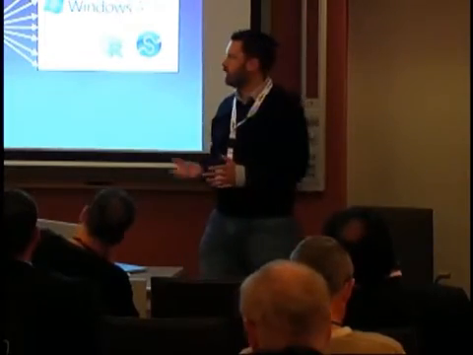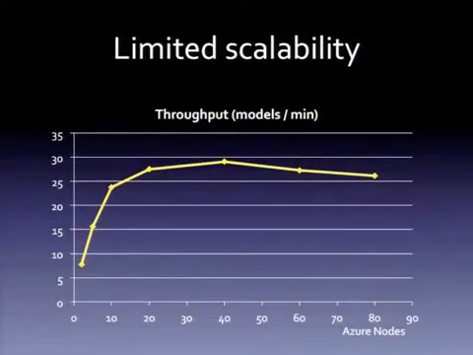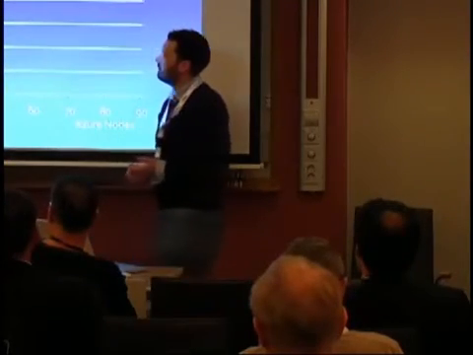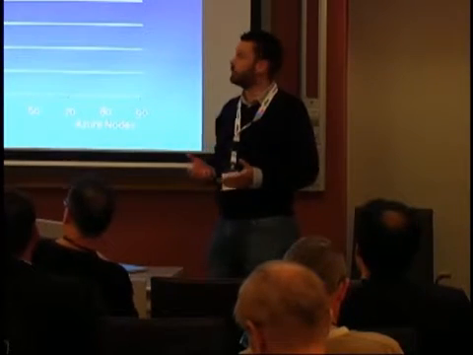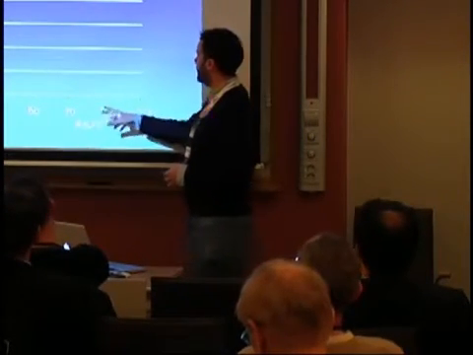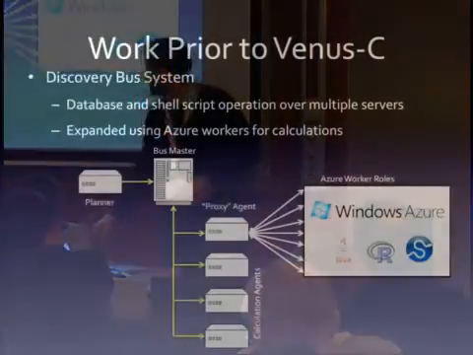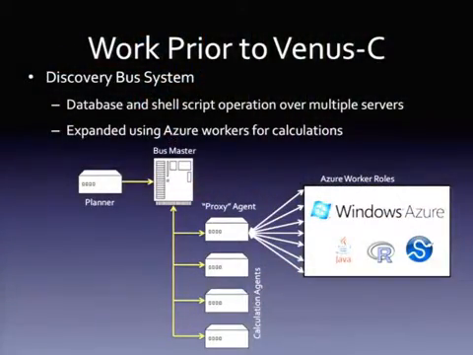And that worked, but the problem we had was that it didn't scale in any way whatsoever. So if we look at this graph, this basically said how many models per minute the system was building. We tested it up to 90-odd worker nodes. So that's these things over here, although they were all running in Azure.